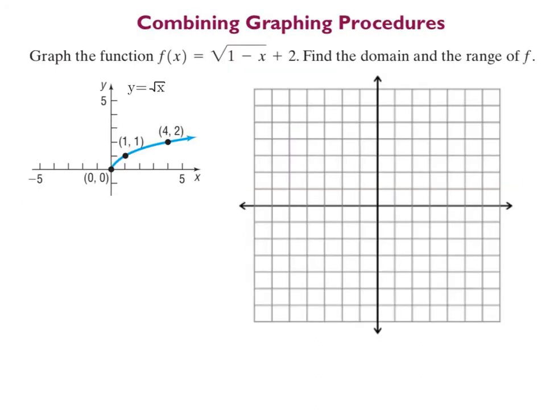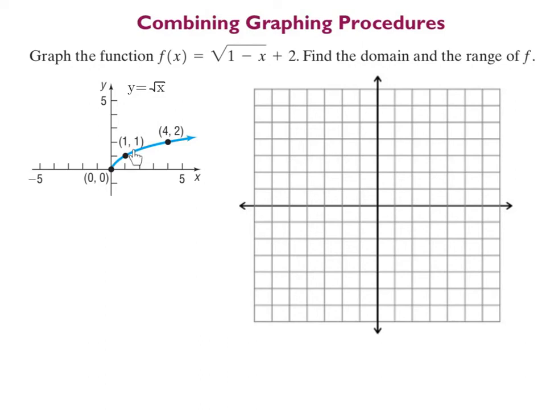Now let's do one last example where we are going to graph transformations. So let's say I have this function, f of x is equal to the square root of 1 minus x plus 2. And then we'll find the domain and range. So the first thing that I like to do is identify my parent function, and that is the square root of x. And I love to look at the parent function graph along with 3 key points.